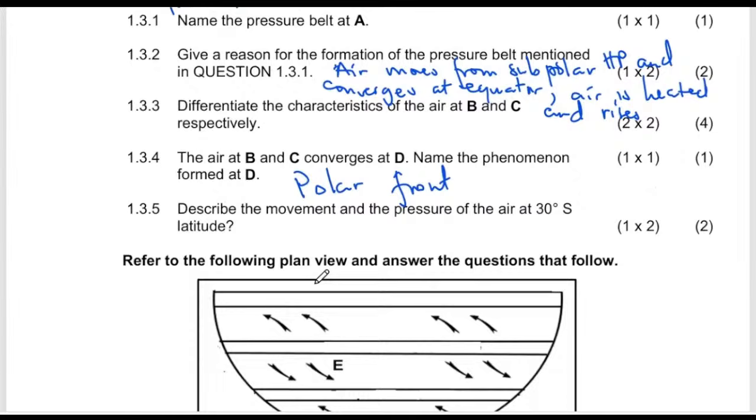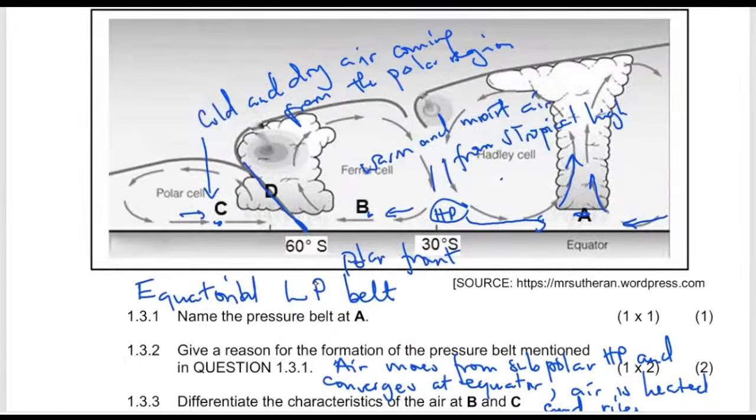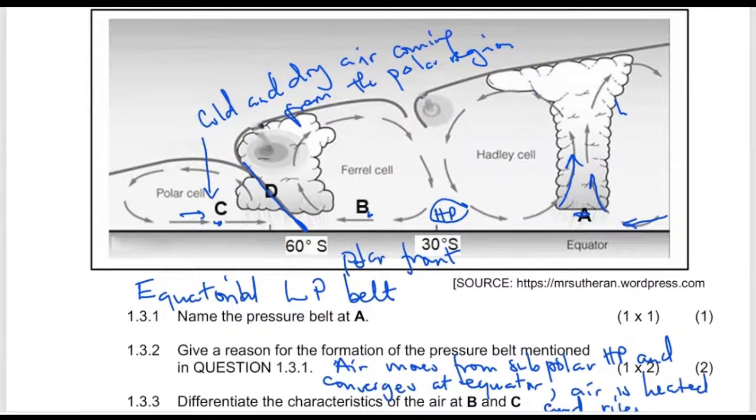Describe the movement and the pressure of the air at 30 degrees to the south. The movement and the pressure at 30 here. If you look at the movement, clearly you can see that this air is sinking, creating a high pressure. In terms of the movement, the air descends, the air sinks.